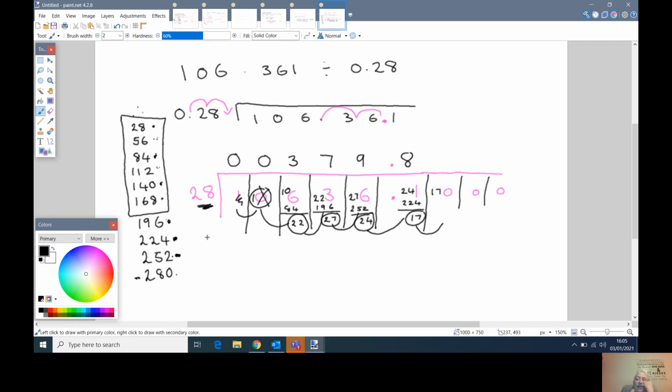Okay, I'm going to do it to 3 dp, decimal points. I only want 3 numbers left after the decimal. So how many in 170? It's this one. 1, 2, 3, 4, 5, 6. So there's 6. And that leaves 168. That leaves 2. Where does that 2 go?